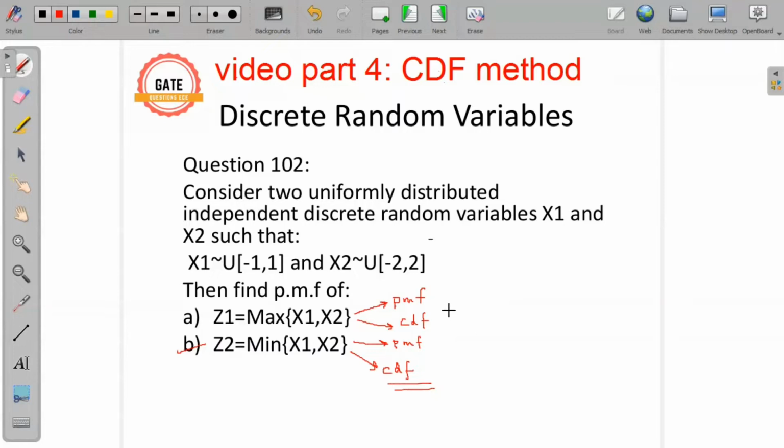In these 3 videos I have done a detailed analysis of how to handle this maximum and minimum function using these two methods, the p.m.f method and the CDF method. So in this video I will be giving you the solution of the minimum function using the CDF method. So let's see how to solve using the CDF method.